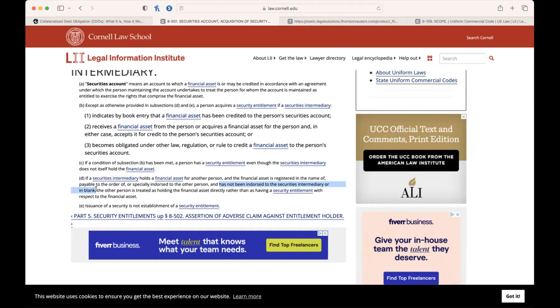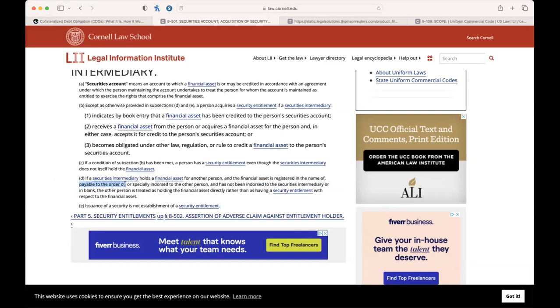This is why, because you gave it in blank, or it has not been endorsed to the securities intermediary. Where was it, right here? Payable to the order of. These are the magic words. Payable to the order of, and it says has not been endorsed to the securities intermediary.